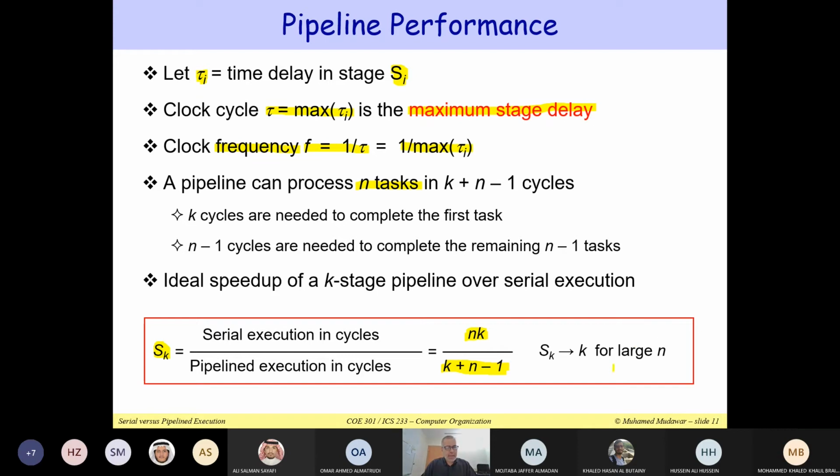Now, N is the number of instructions, and typically in a program you have billions of instructions. These billions of instructions can take a second or even a fraction of a second. Therefore, N here is much, much larger than k.